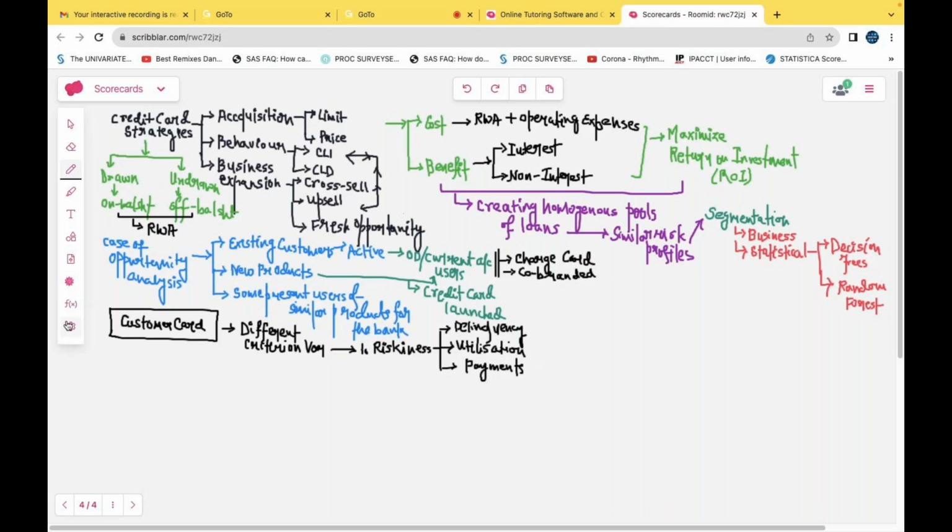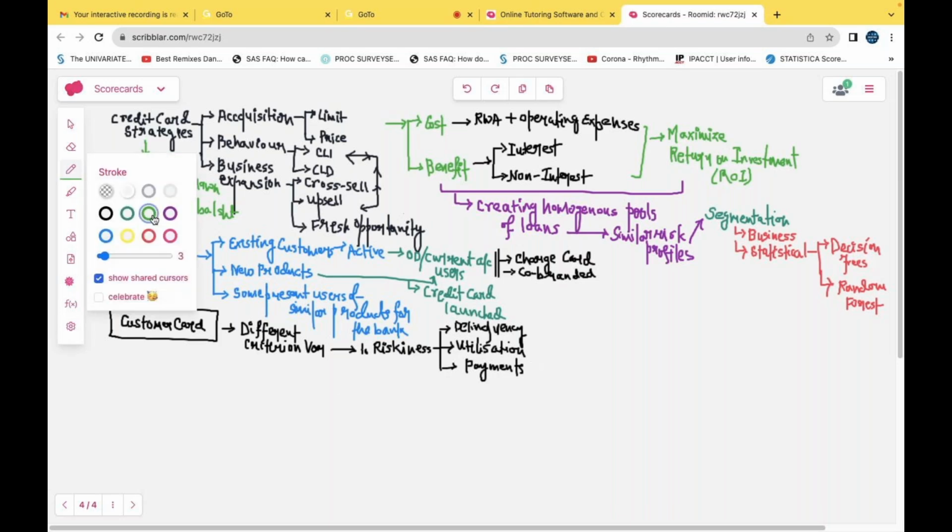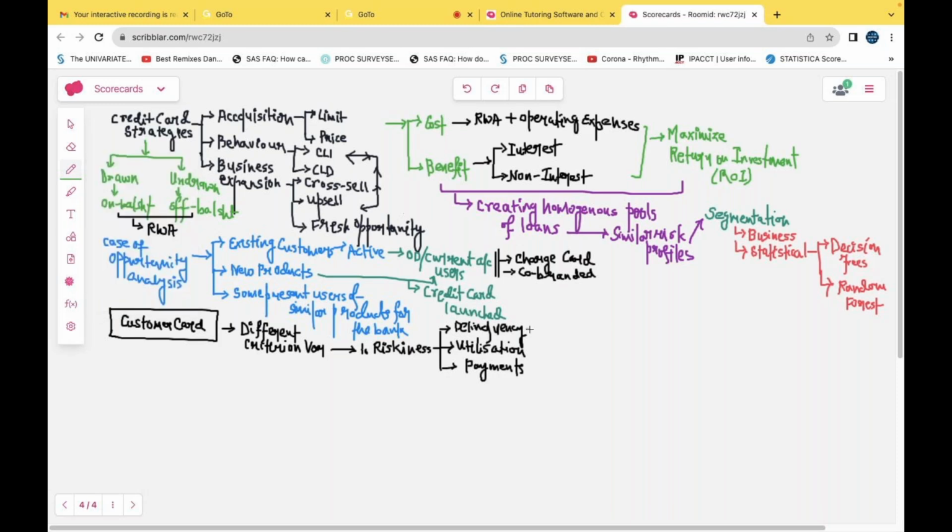Now, instead of using these three factors over here, there is an upstream process which already uses these three factors, and that is a behavior scorecard. So over here we have a set of behavior scorecards.